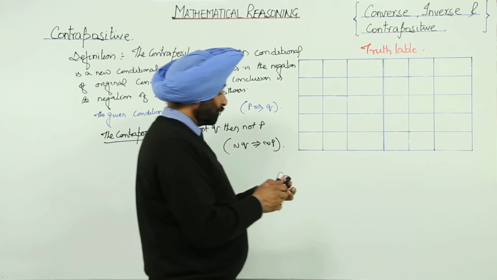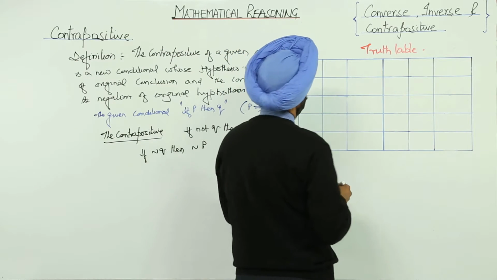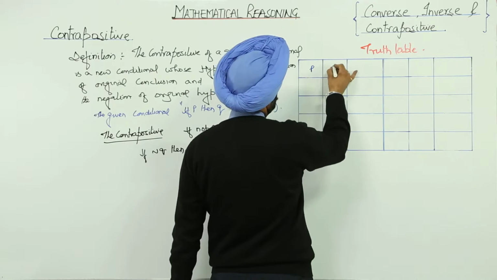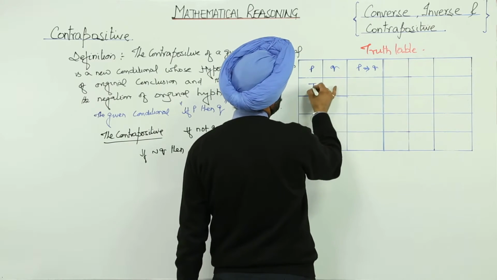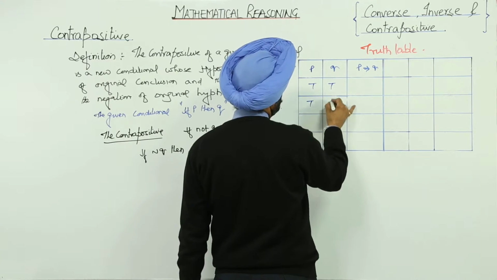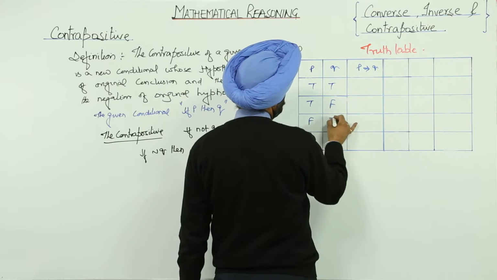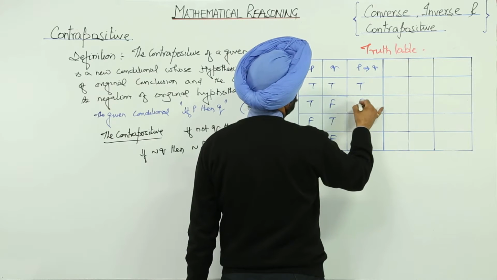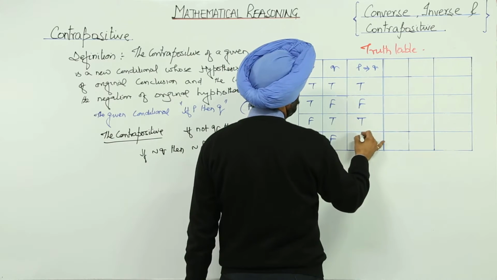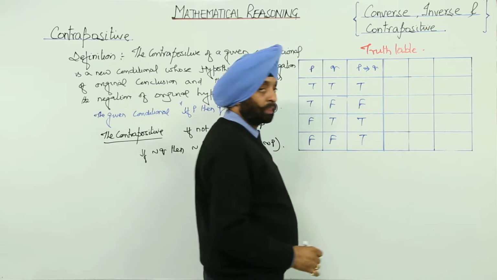Now again for the truth table, P, Q, P implies Q: true, false, true and true.